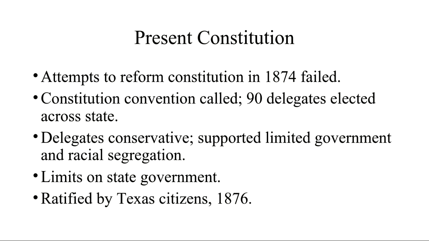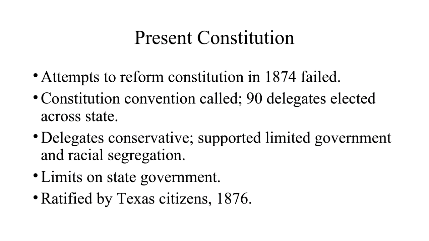So there was a heavy presence for agriculture and major industries throughout Texas. Most of the delegates were conservative in nature. They didn't like what they'd seen in the previous Constitution, so they decided to basically limit the government as much as they could.